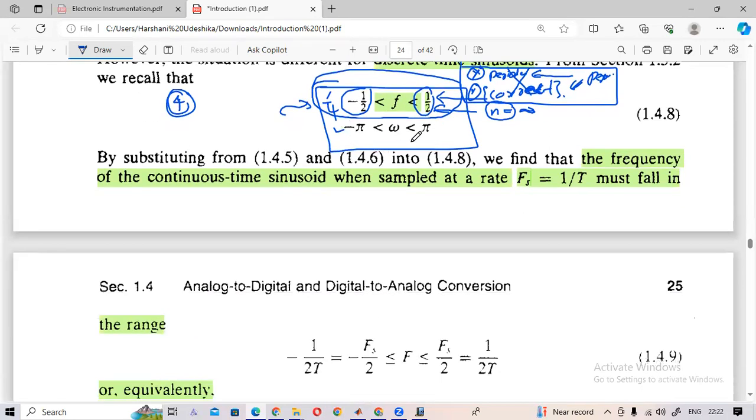This is the same condition. What have you done here? The normalized frequency should be in the range minus half to plus half.